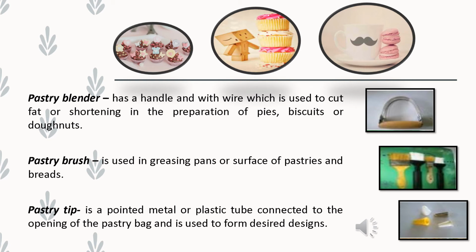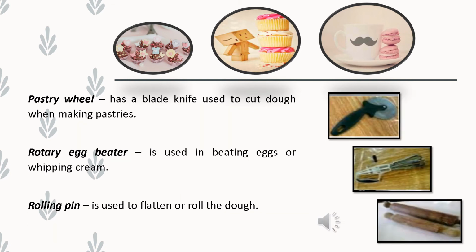Pastry tip is a pointed metal or plastic tube connected to the opening of the pastry bag and is used to form desired designs. Pastry wheel has a blade knife used to cut dough when making pastries. It is commonly used in cutting pizza.